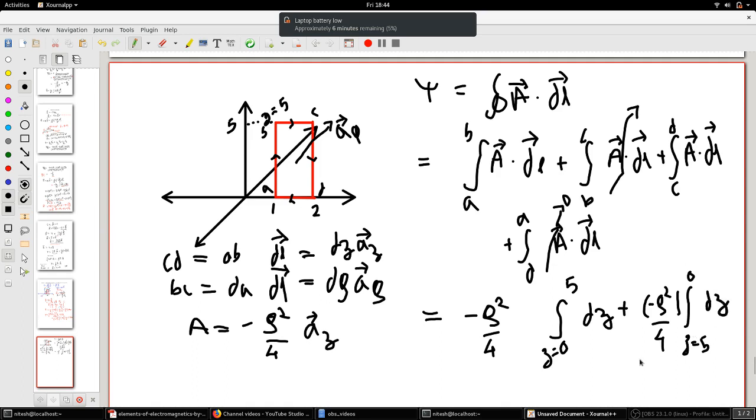This will be the integration. Here for this integral, which is side AB, my rho will be equal to 1.